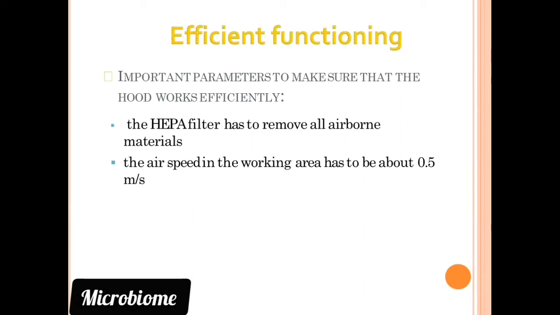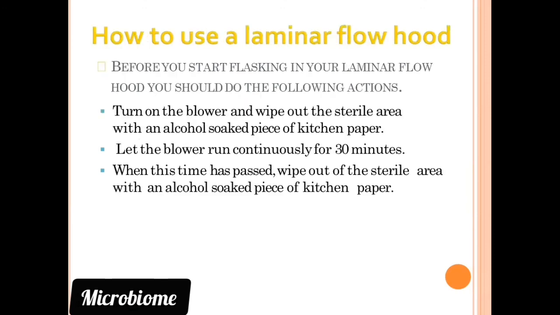There are two important points to check. The HEPA filter has to remove all airborne material, which is the basic aim of laminar airflow. And second, the air speed in the working area has to be about 0.5 meter per second.